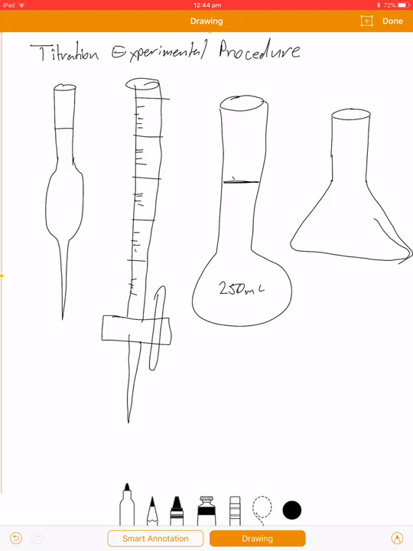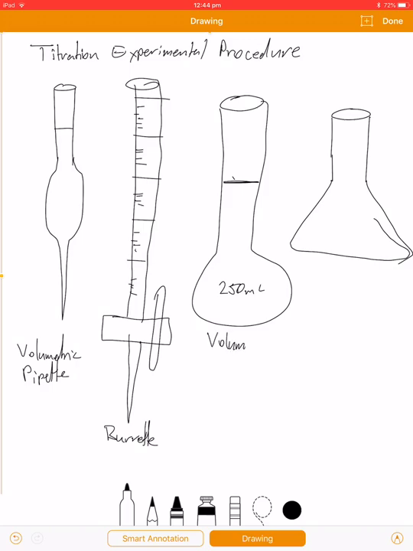So maybe just pause the video here and take a moment to think about what each one is. So yeah, have a pause and go from there. All right, so our first thing here is a volumetric pipette. Our second thing here is a burette.